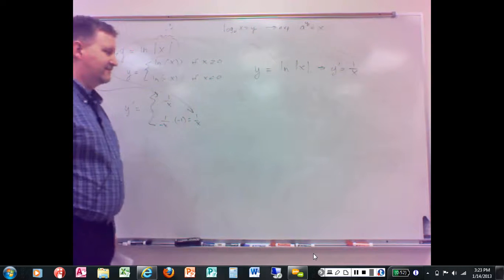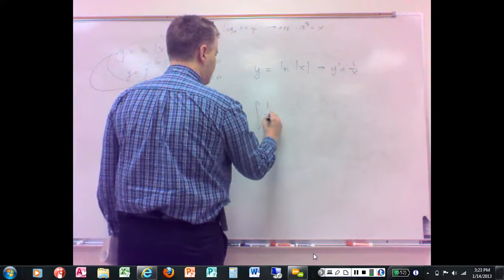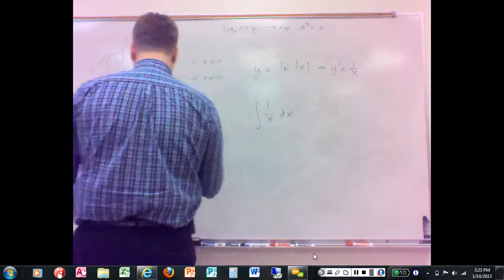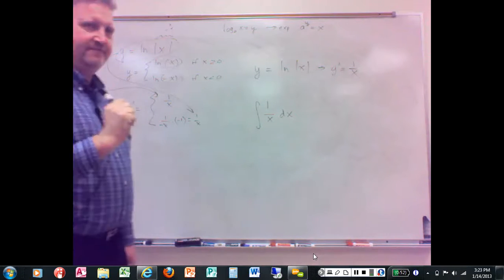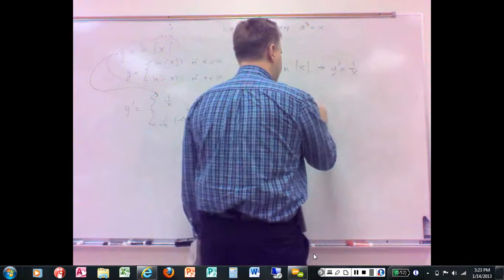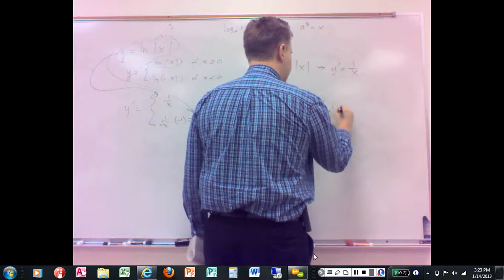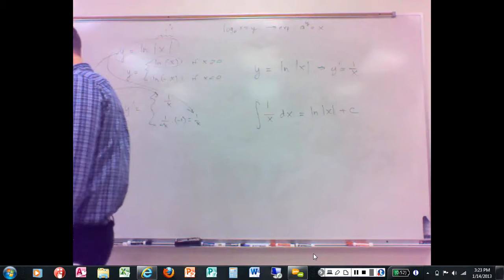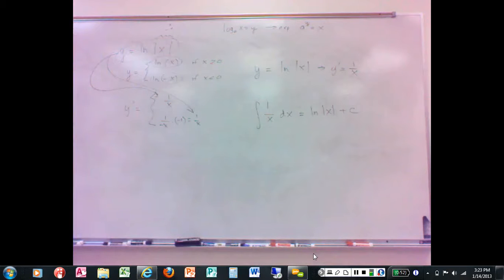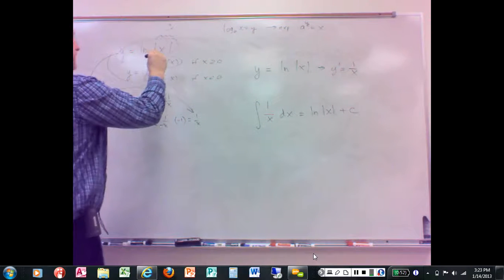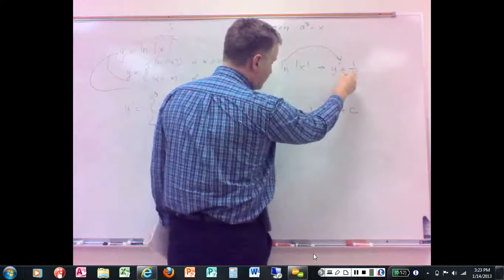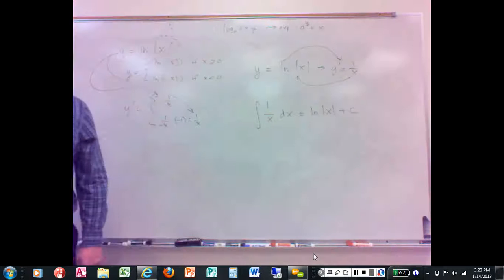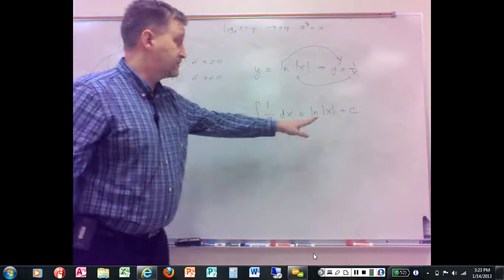Because think about this. If I have the integral of 1 over x dx, by what I just did here, wouldn't this be this? With me? If the derivative of this is 1 over x, wouldn't the antiderivative of this be ln of absolute value of x? Why would we want to put the absolute values in there?